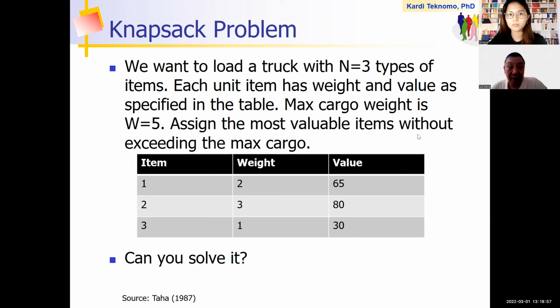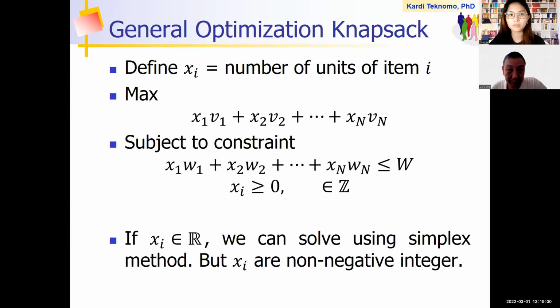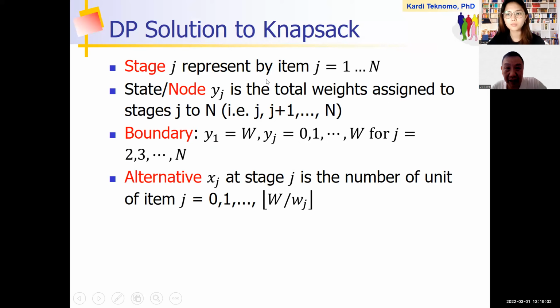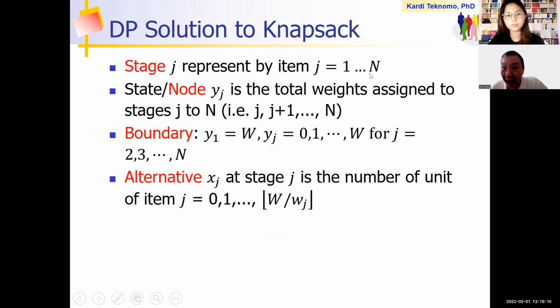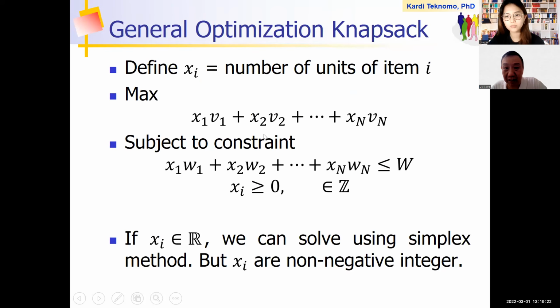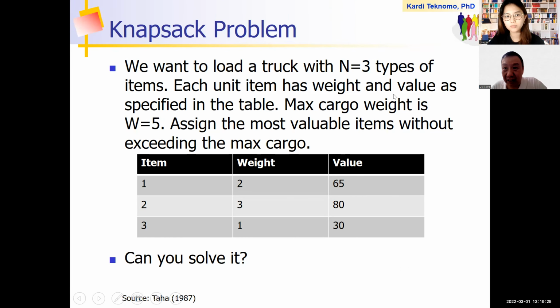So I said here that the stage j is represented by the items. How many items do you have? Here you have 3 items, right? Item 1, item 2, item 3. So in this case, n is 3. And then we have W here, the boundary, which is 5. That is the cargo weight that you can carry.